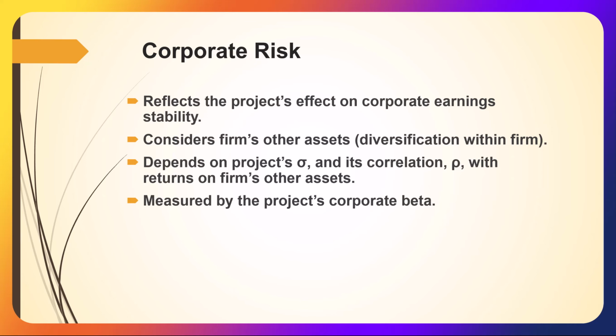Corporate risk looks at the relationship between the project and the firm itself. We need to know the project's standard deviation and its correlation to the firm. In the end, we're going to need to calculate the project's beta. We'll then incorporate that number in the security market line formula we've discussed in some previous risk videos.